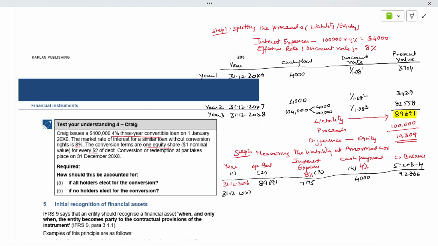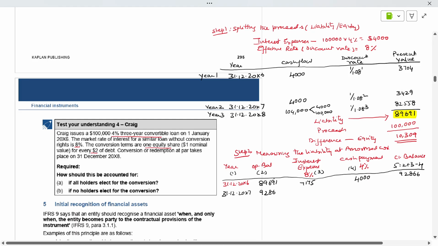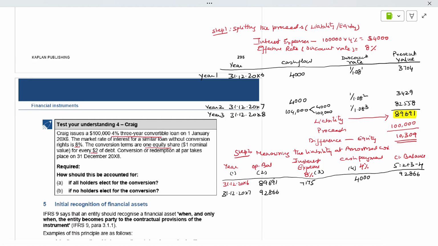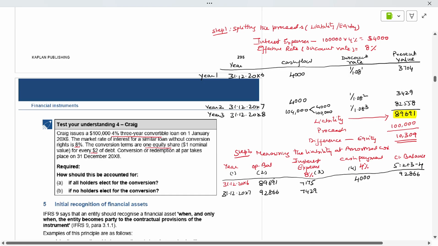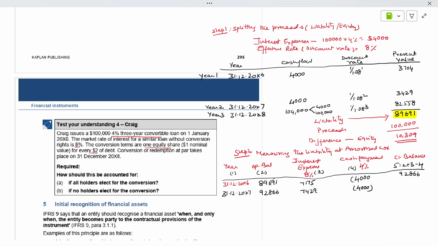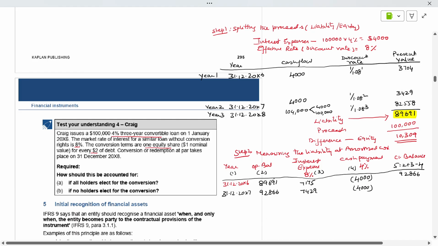2007. 92,866 times 8%. How much is it? 7429. How much is the 4,000? I am putting 4,000 in brackets. With that we can do it like this. Nothing will happen.